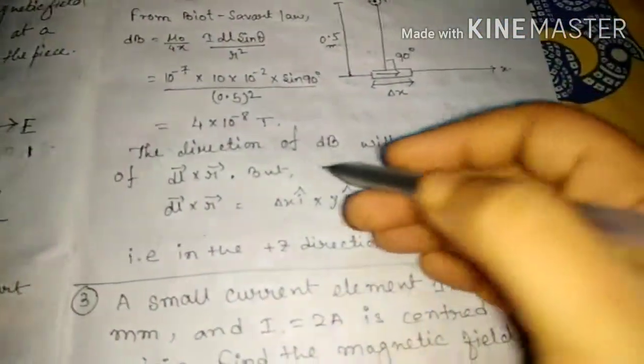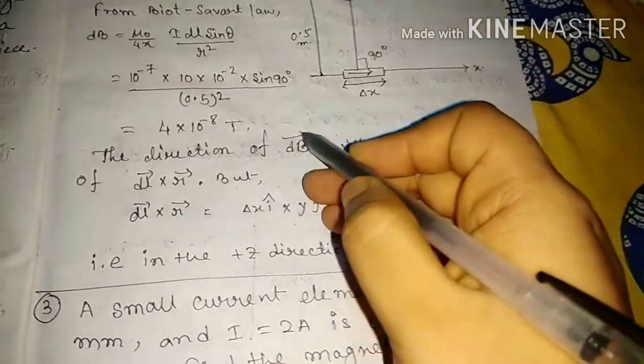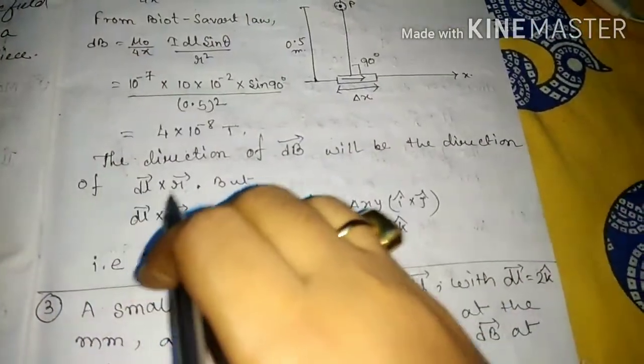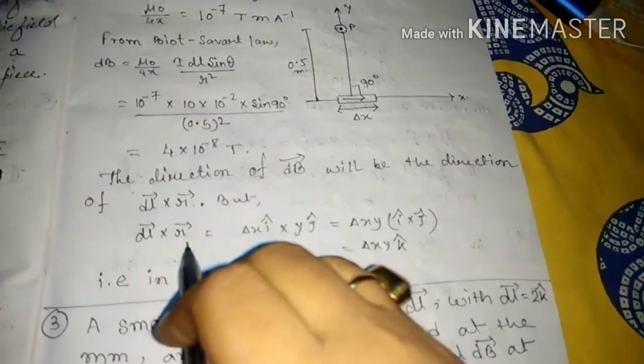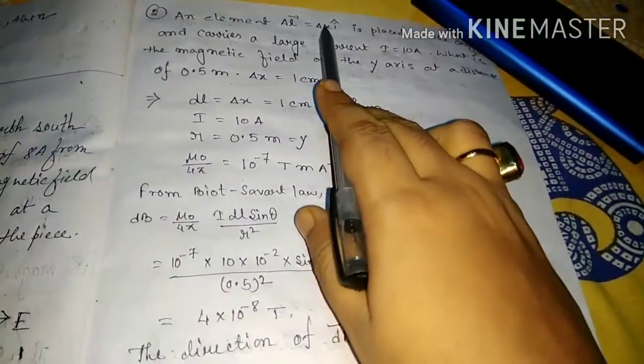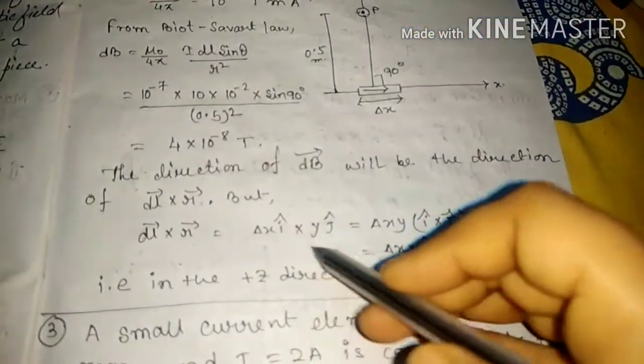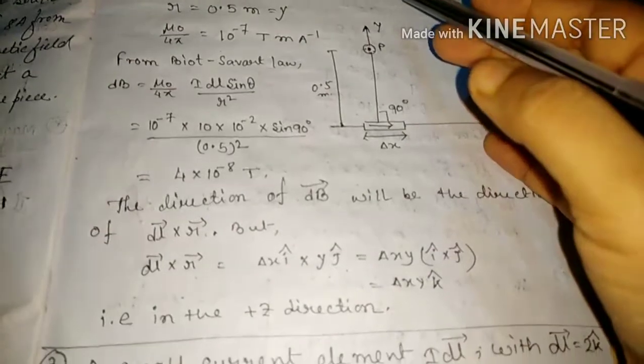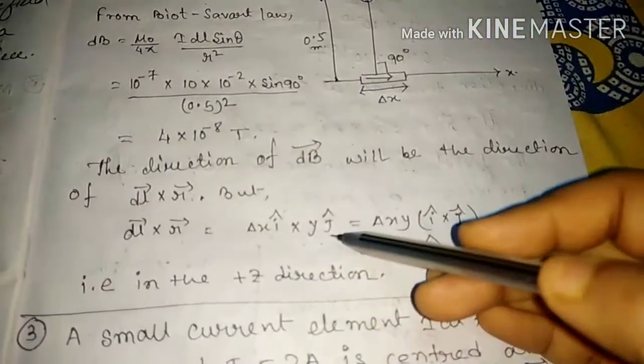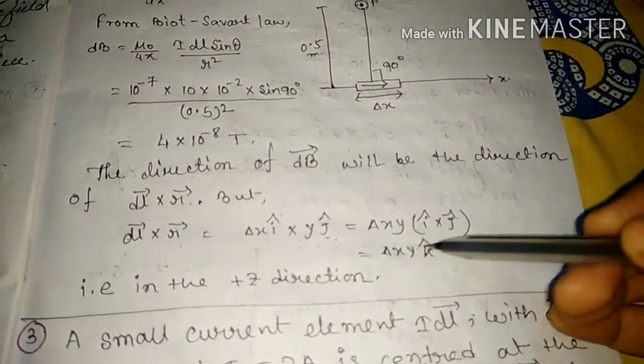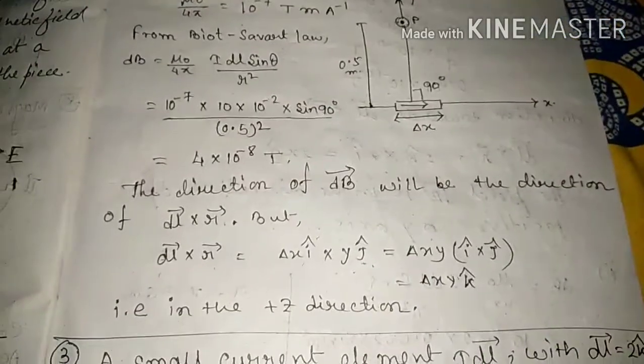Or you can do it this way: dB will be in the direction of dl cross r. Here dl means delta x i hat, cross r, which is y j hat, in the y direction. So i cross j is k hat, meaning positive z direction.